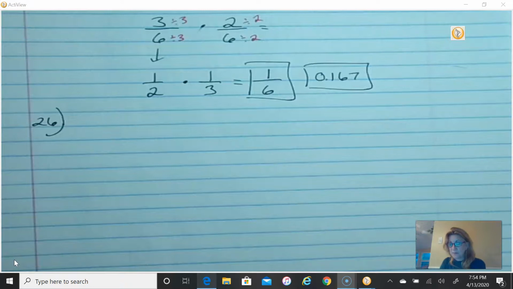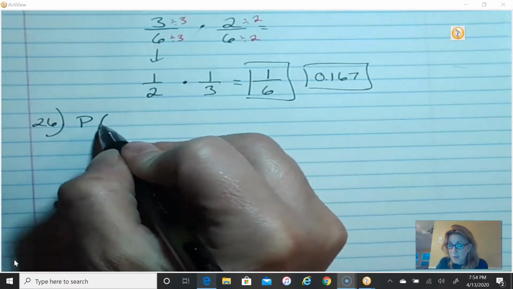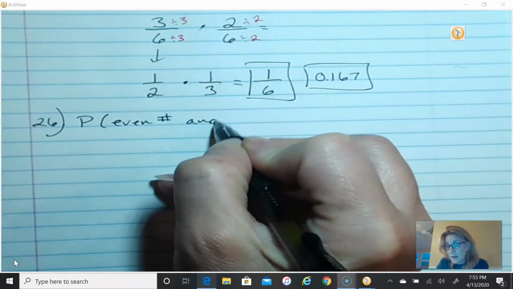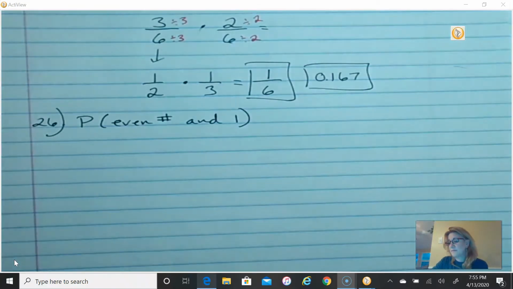Okay, so pay attention. What is the probability of an even number and a 1? We're still multiplying. So an even number. If you look at those yellow cards there, how many numbers are even in that group?